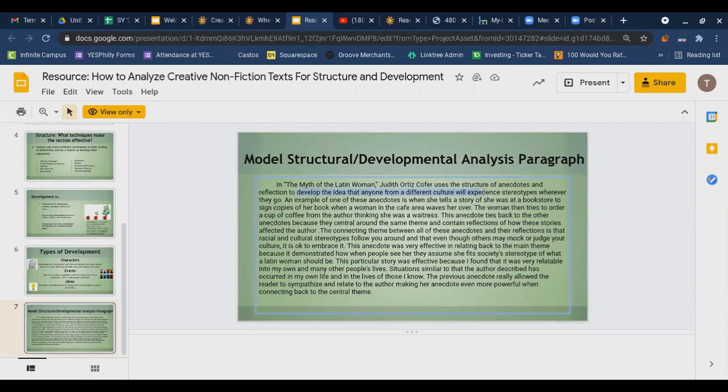That she outlines right here. Gives an example of how they do that, right? And then makes a personal connection at the end, right? This is why this story was effective and relatable to me. Okay. And if we can do all those things effectively, then we'll have done a good job of analyzing the development and structure of a piece.